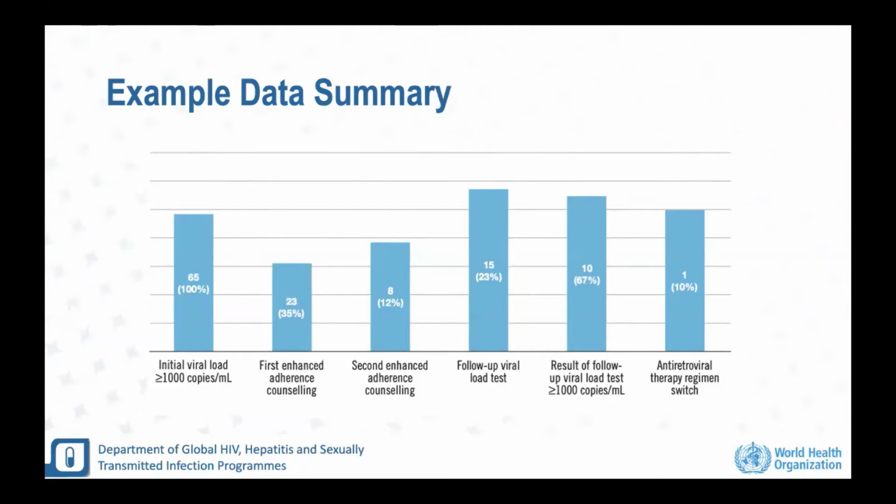And here you can look at things such as the number and percentage of individuals who have viral loads above 1,000 copies per mil, how many received adherence counseling, how many received a follow-up viral load test, what percentage of those had follow-up viral loads above 1,000 copies per mil, and for those people with elevated viral loads, even on the follow-up viral load test, the number and percentage of those who had their antiretroviral therapy regimen switched.